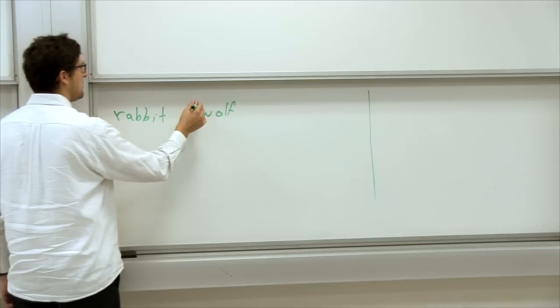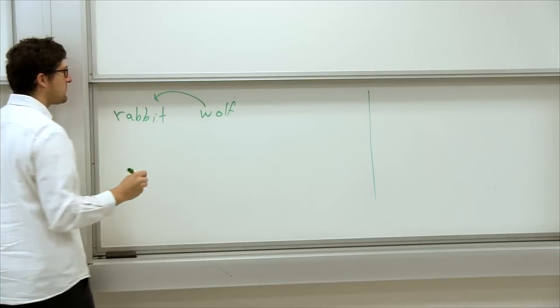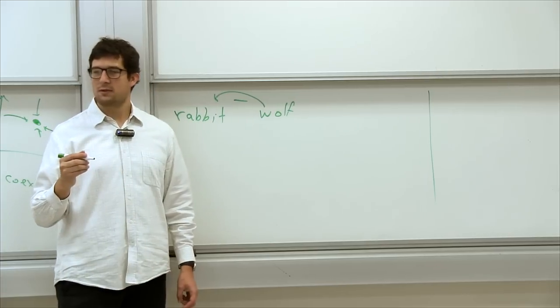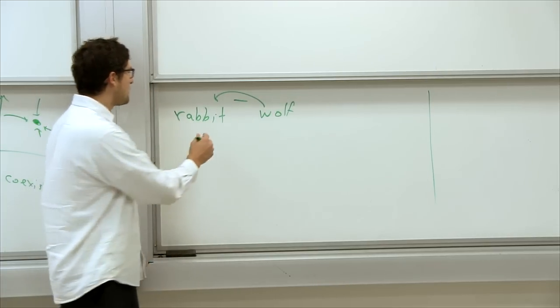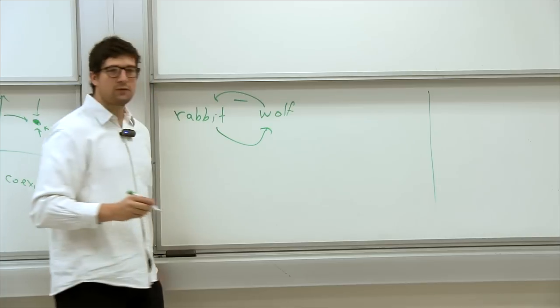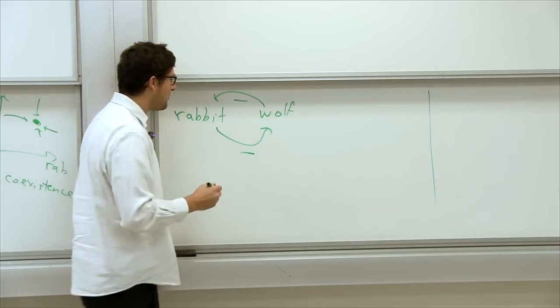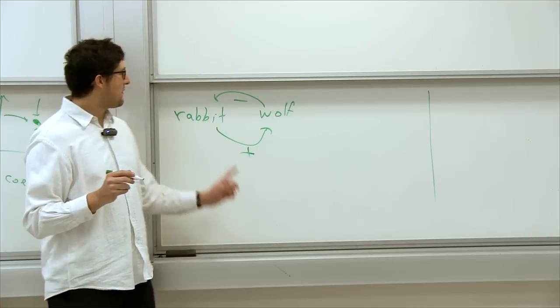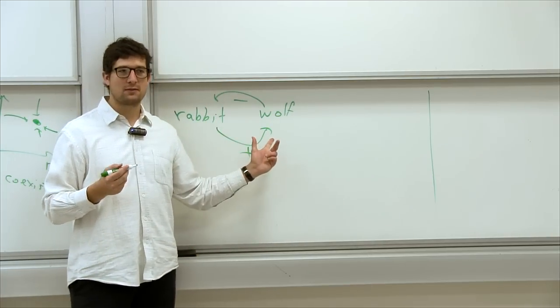So the wolves get in the way of the rabbits, just like before. But the rabbits don't get in the way of the wolves. In fact, the rabbits help the wolves. Okay?